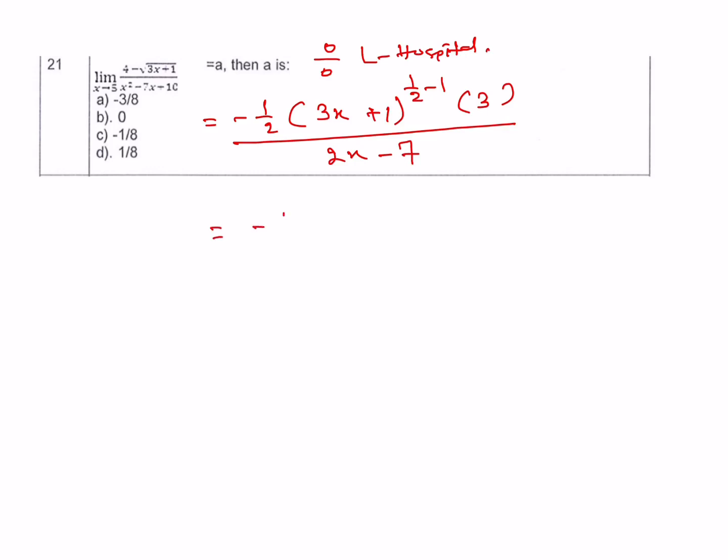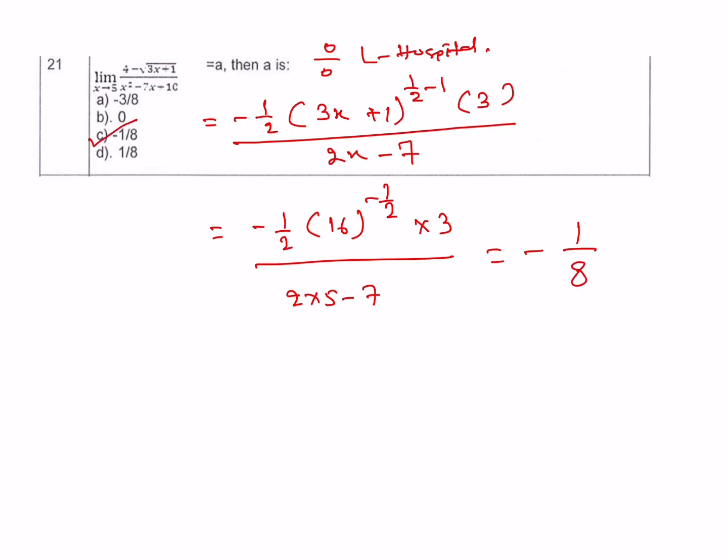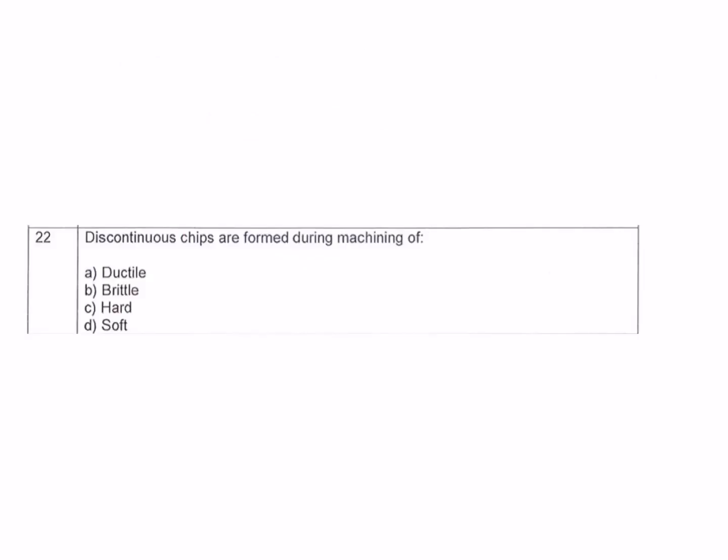Then minus half, 3 into 5 plus 1 you will get 16, minus half into 3 divided by 2 into 5 minus 7. So finally you will get minus 1 by 8. From the options, C is your correct answer.